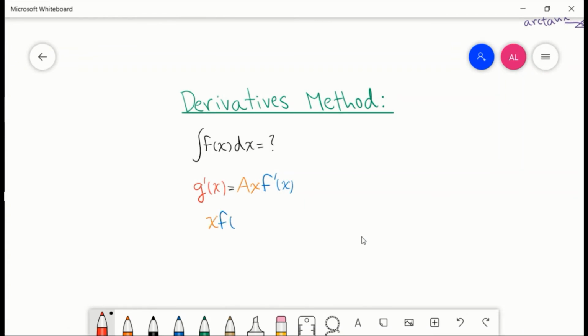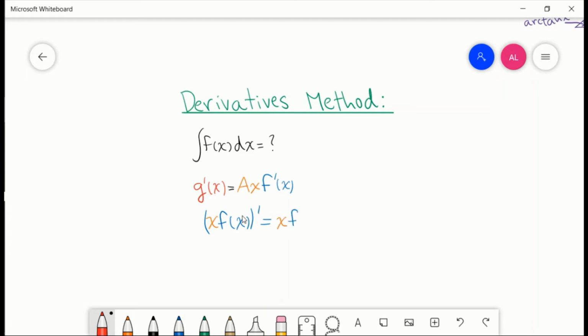So now, once again, there is not always such a function g of x, but in the spirit of discovery, we want to maybe experiment a bit and find out whether there is a function.